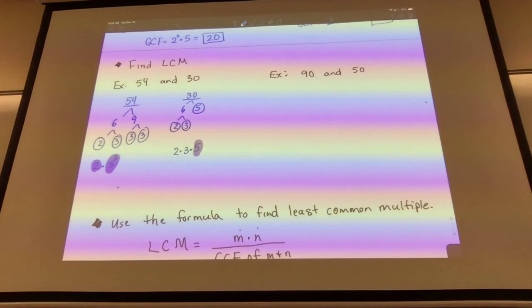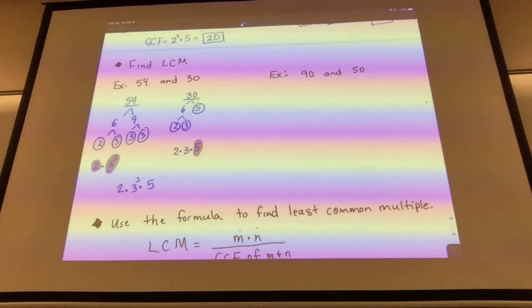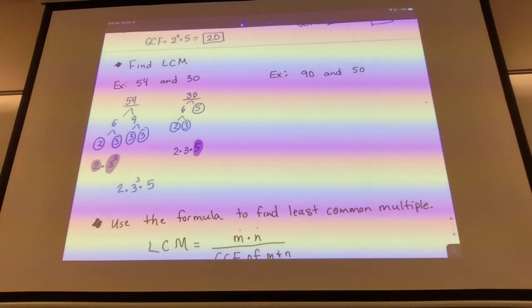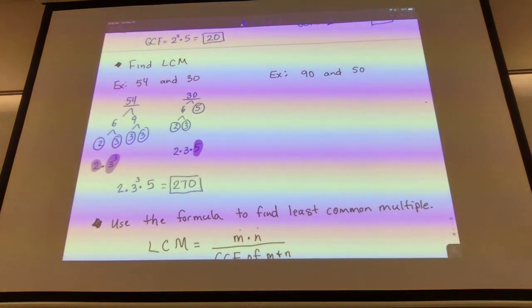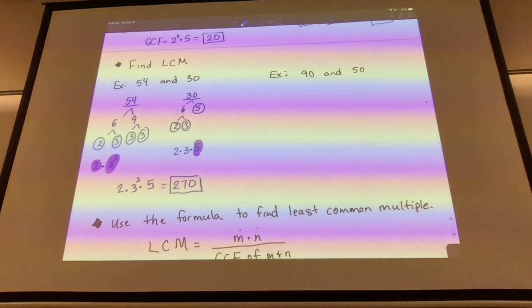So you're going to have 2 times 3 to the 3rd times 5, which 3 to the 3rd is 27, and then 27 times 5 times 2 is 270. So that's the smallest, the least common multiple that they have in common.